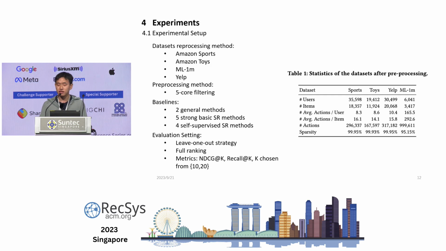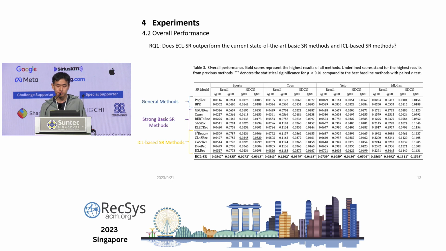The experiments are conducted on 4 real-world and widely used datasets. Following the same pre-processing steps used in previous papers, we remove all atoms and users that occur less than 5 times in these datasets, and we evaluate model performance in a full ranking manner for a fair comparison.